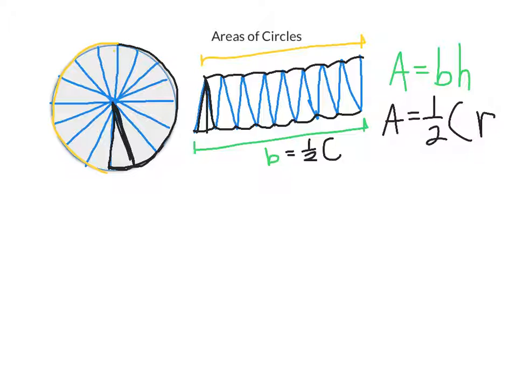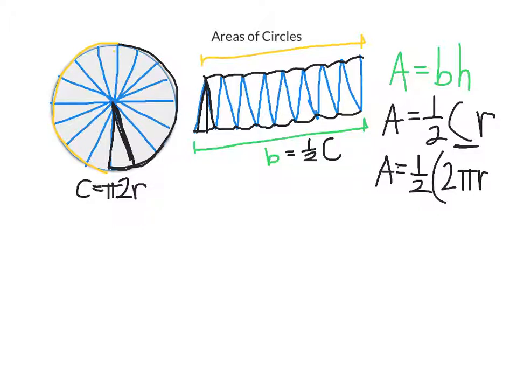If we use our formula for circumference, either pi times diameter or something that's going to help us a little bit more, the circumference equals pi times 2r, and we replace the circumference in this formula with pi 2r, then the area of our circle is 1/2, and I'll put it in parentheses so we can see it, 2 times pi times r, times the radius. Now the parentheses were just to show you what the circumference is.